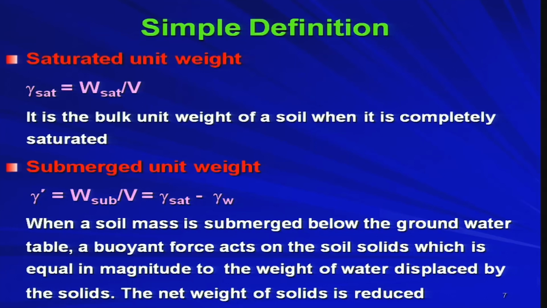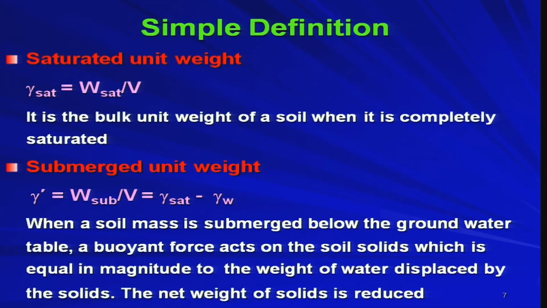What is the reduction? Gamma submerged is generally expressed as gamma prime equal to W submerged by V, which is equal to gamma sat minus gamma W, where gamma W is the unit weight of water. So, when a soil mass is submerged below the groundwater table, a buoyant force acts on the soil solids, which is equal in magnitude to the weight of water displaced by the solids, which is coming from the physics.